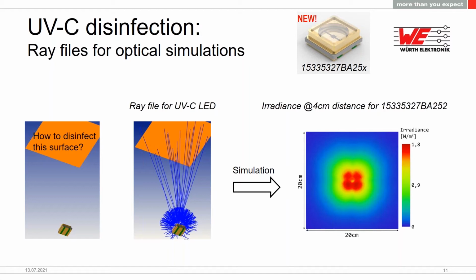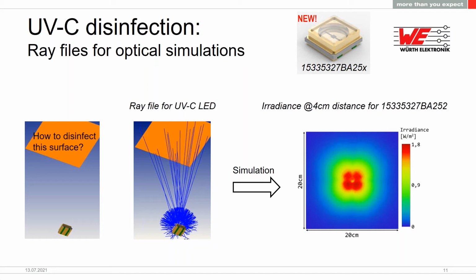All of those answers can be modeled or simulated in the end. And for this, for our UVC LEDs, we have ray files. Ray files are three-dimensional files which give you how much light is emitted in each direction from the LED. So basically, you see this in the middle picture. Some of those rays are hitting the surface.